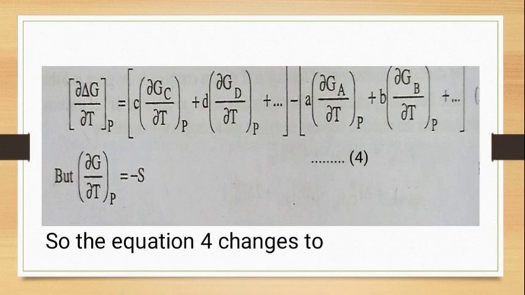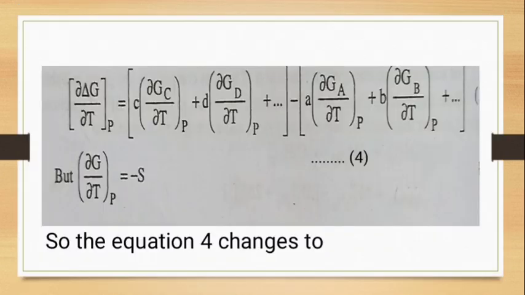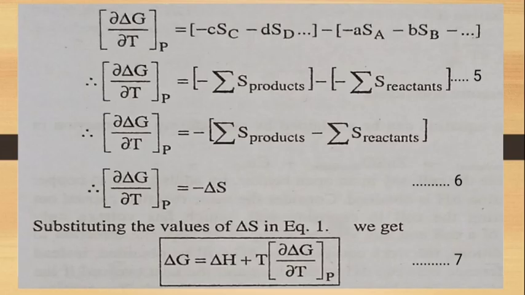So equation 4 became ∂G/∂T at a constant pressure is equal to, just put this term, entropy, and the equation will be as this: minus C S_C minus D S_D, this is the first bracket, minus, in the second bracket, minus A S_A minus B S_B.